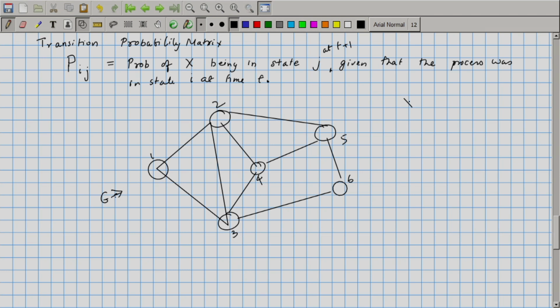So, the random walk or the stochastic process x will consist of all these random variables x t, where t belongs to natural numbers. Okay. So, x 5, for example, denotes the vertex the random walk is at during t equals 5.